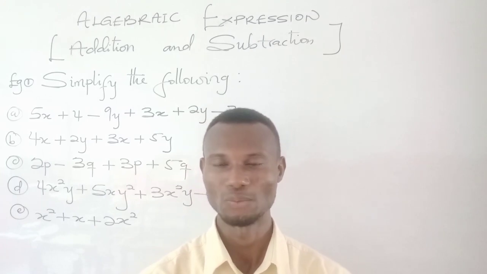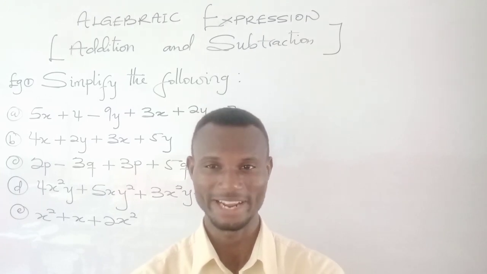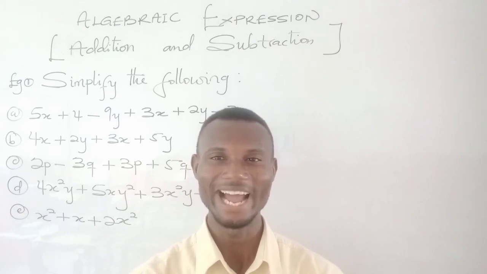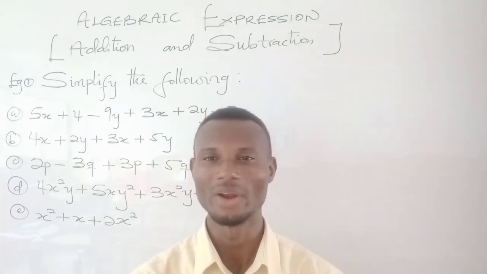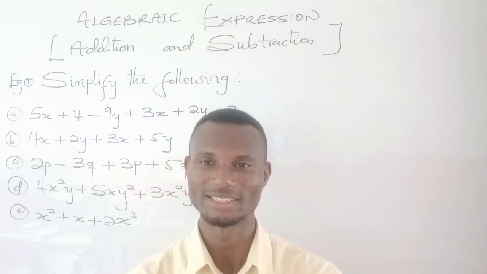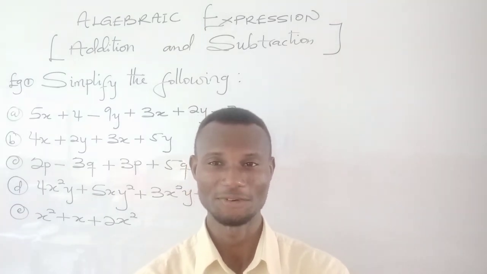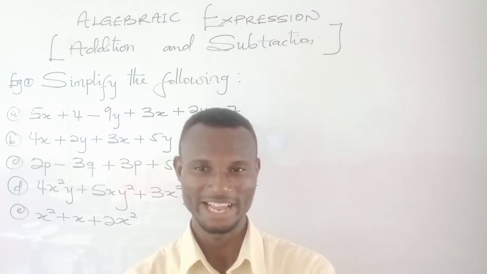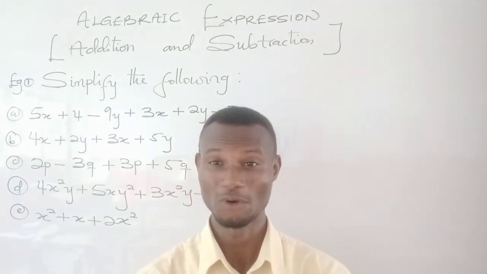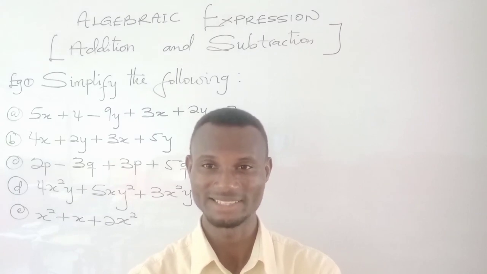Again, when we speak of algebraic expression, it simply refers to the act of conducting the four basic operations in mathematics on variables, and that is what is referred to as algebraic expression. And I hope you all know the four basic operations in mathematics.